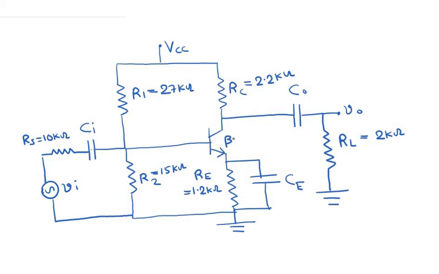And beta for this transistor is equal to 100 and VA, the early voltage for this transistor, is equal to 100 volts.